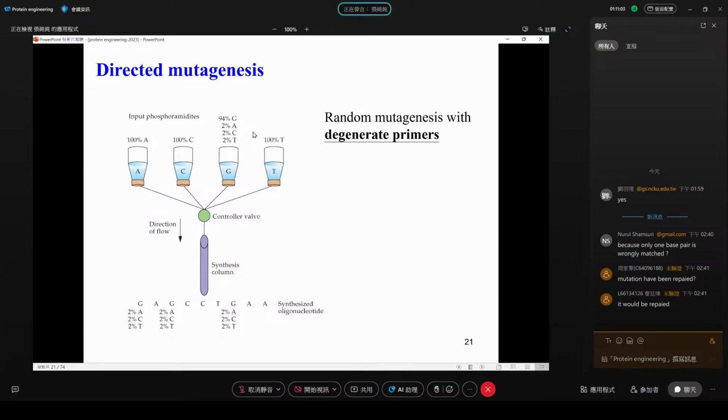And then I will get 2% of the GAG. Every G will have 2% A, 2% C. This is a synthesized mixture called a degenerate primer.